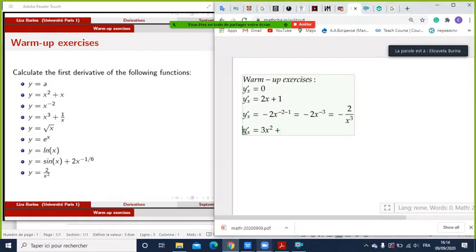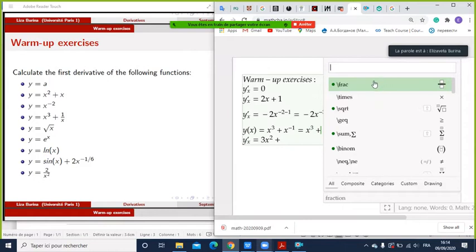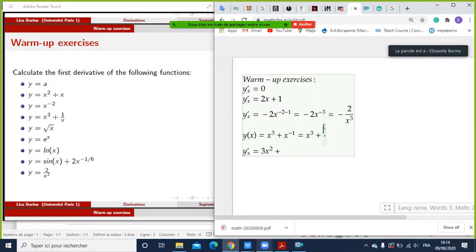Before I write it, y of x, I'm going to rewrite it. I'm going to say that it's x to the power of 3 plus x to the power of minus 1. This is absolutely correct because it is the same as saying x cubed plus the fraction. And now it's becoming easier.